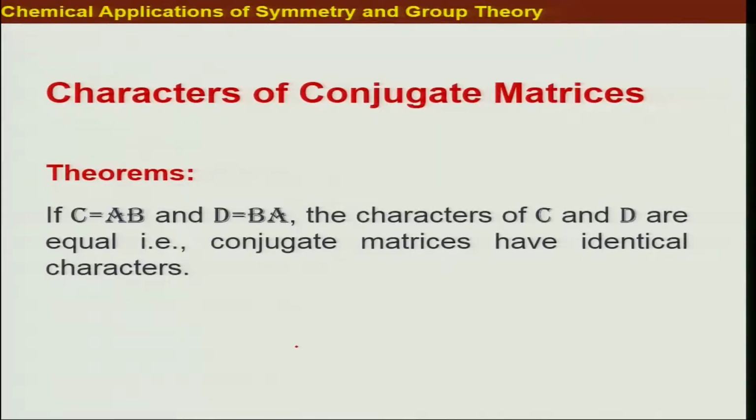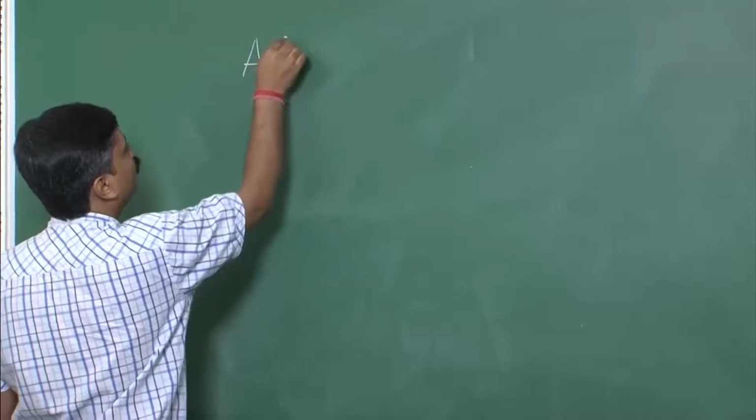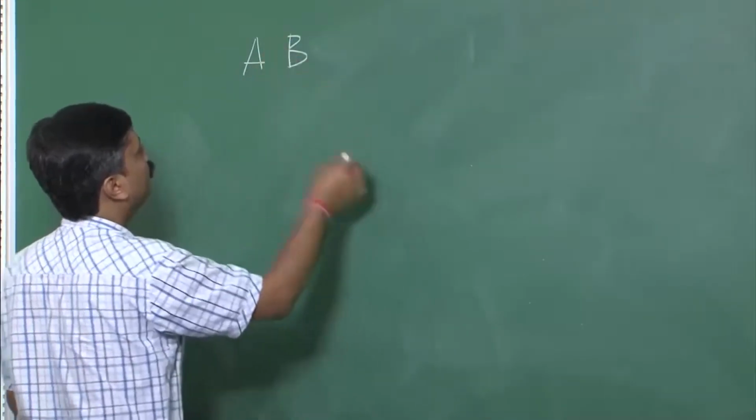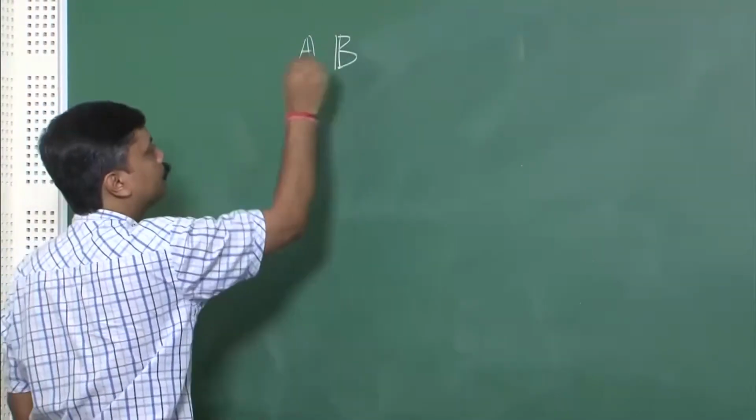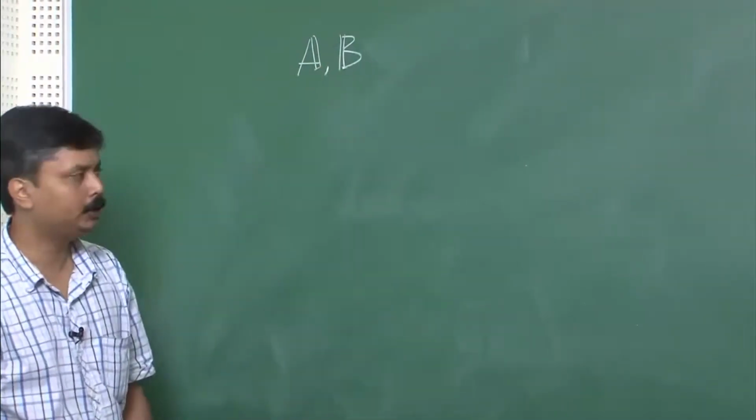So what I mean here is, say A and B are two matrices representing two symmetry operations. Okay.